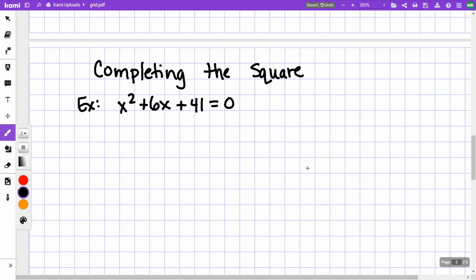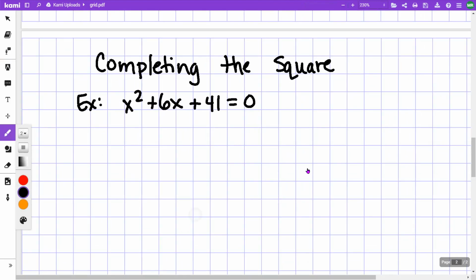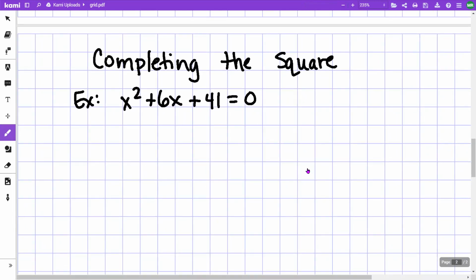So I like to do it again when I have an x squared, not like a 2x squared or a 3x squared. I also like to complete the square when I have an even x because it makes it a little easier. And we want to try to make this into a perfect square.